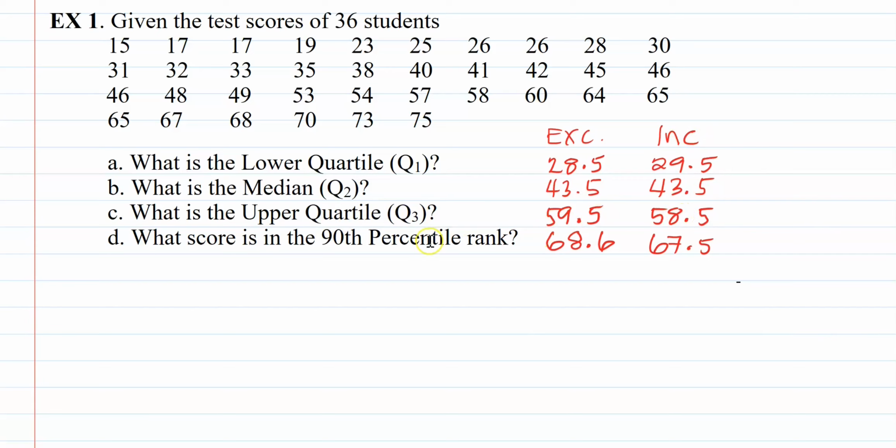And for the score on the 90th percentile rank, using the exclusive method it is 68.6, and using the inclusive method it is 67.5. In most cases, our values under the exclusive method are different from the values under the inclusive method. So you really need to know which method you're going to use because the values could be different.